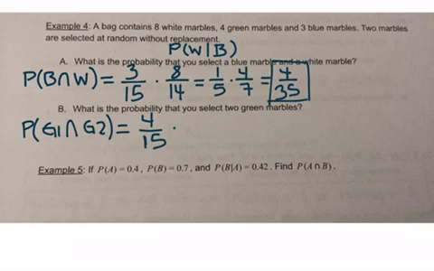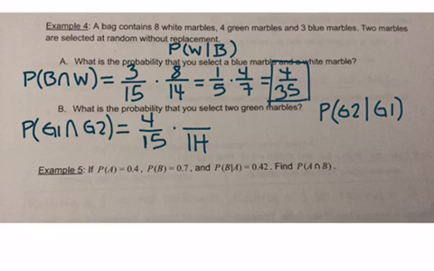Now this second probability is a conditional probability. Let me write it over here. What's the probability that the second marble is green given that the first marble is green as well? Well, again, I've selected a marble out of the bag, so I no longer have 15 marbles in the bag. I now have 14 marbles in the bag. Let me fix that. So I have 14 total marbles left in the bag.